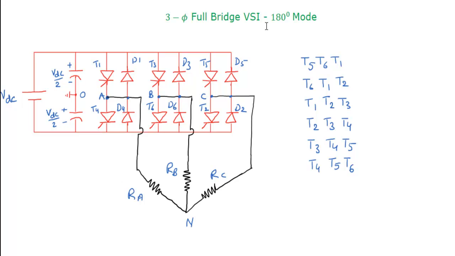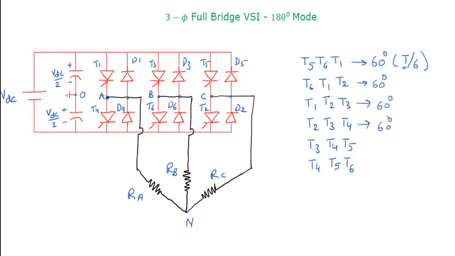So here each combination is meant for 60 degrees. That means T by 6 seconds, where T is the time period of the output voltage. This combination will be in conduction for 60 degrees, this will also be 60 degrees, this will also be 60 degrees, and so on.